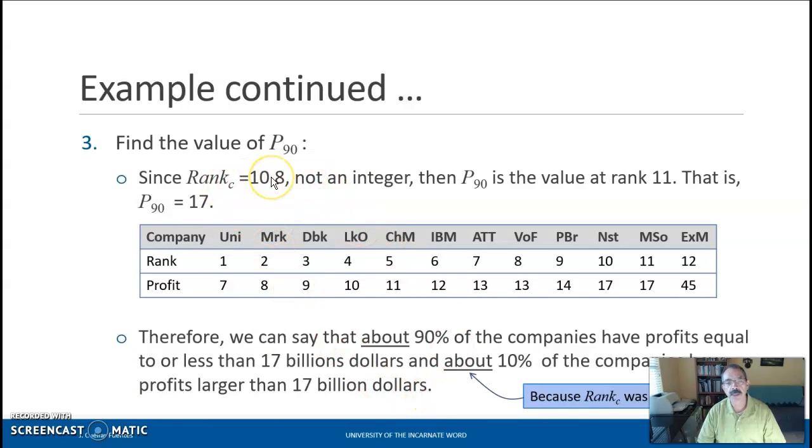If this rank had been, say, exactly 10, then we would have taken the average between the 10th and the 11th ranked values, which in this case are both 17, so the average is 17. But that's the case if the calculated rank had been exactly equal to 10.